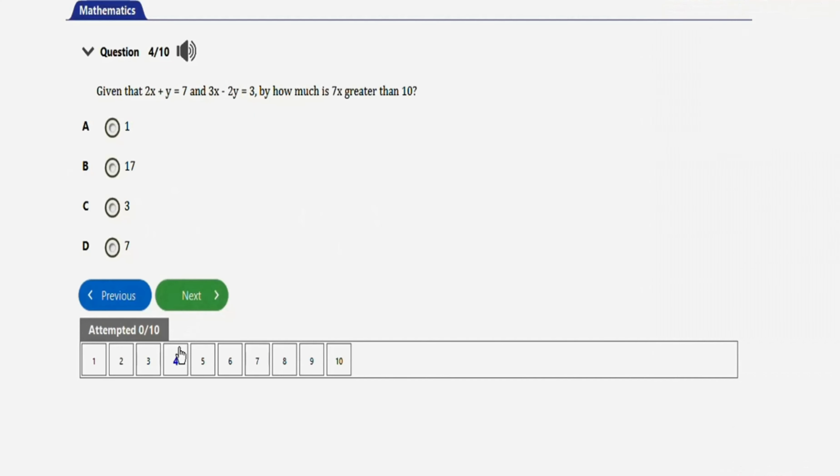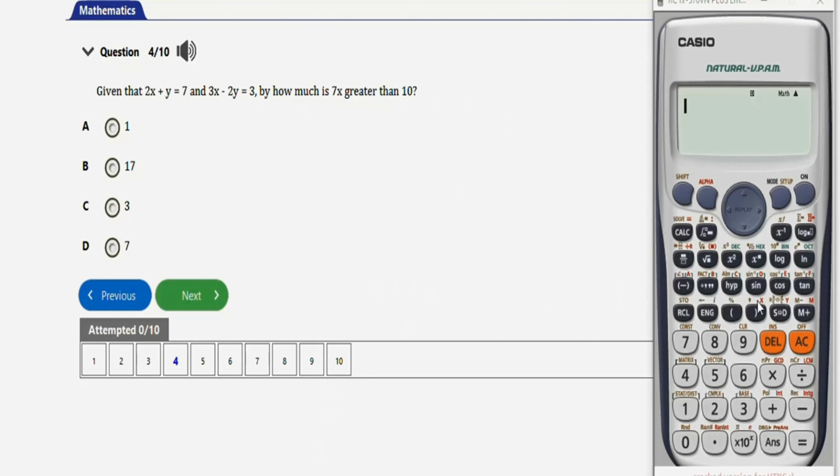Next question will be this one. It says, given that this equal, by how much is 3x greater than 10? So let's bring a calculator. For this question, let's go back to equation. Okay, 1. So we have 2 for equation 1, coefficient of y, and 7, the constant.